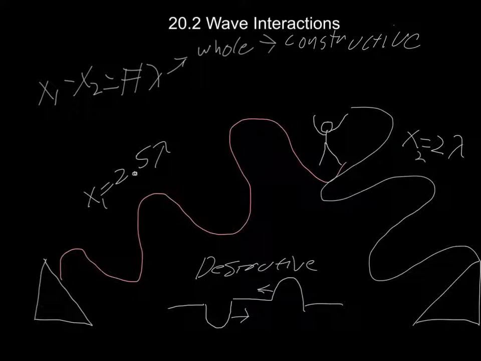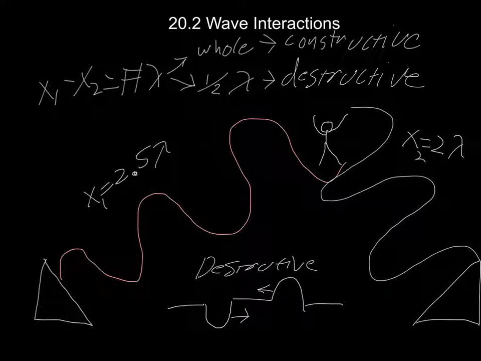But if you end up with a half wavelength number of wavelengths, this is the example that we have below, because this one had 2.5, this one had 2, so that leaves us with 0.5 as the difference in the wavelengths. And because of that, we have a negative for one of the waves and a positive for the other wave. So this would be destructive.